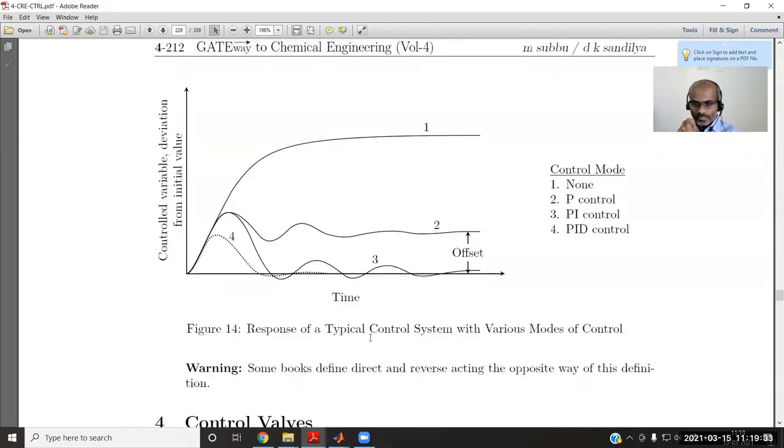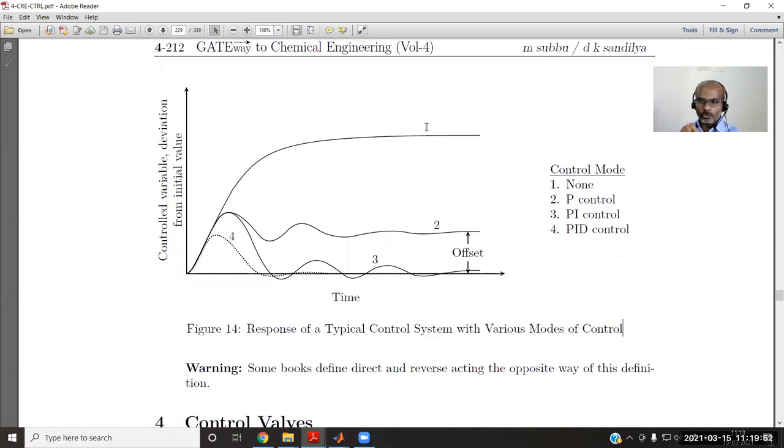See this graph, no? With no control, the output will go in this trend. Say this is for a load change. So this is the response of a feedback control system with various modes of control.